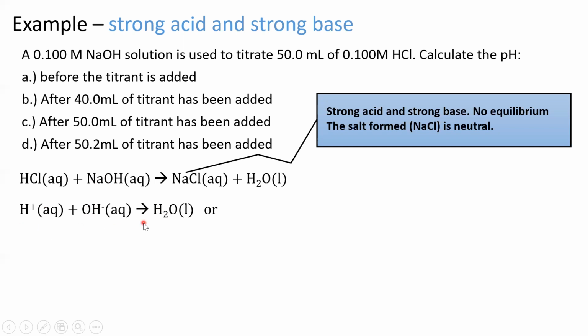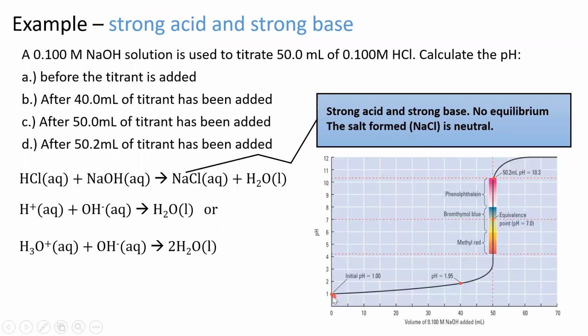And we can write it this way, or we can write it this way, because we know that the hydrogen ions really don't hang out by themselves. They tend to attach to water molecules and form hydronium. They're almost interchangeable. This is kind of the shorthand way of writing it. This is really more true to what you would have in the solution. So we've got hydronium ions reacting with hydroxide ions to produce water.